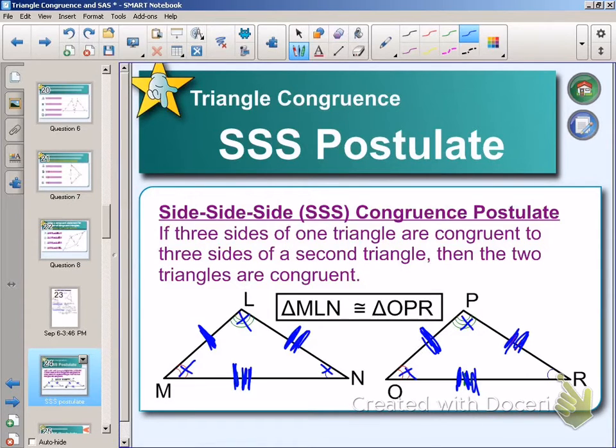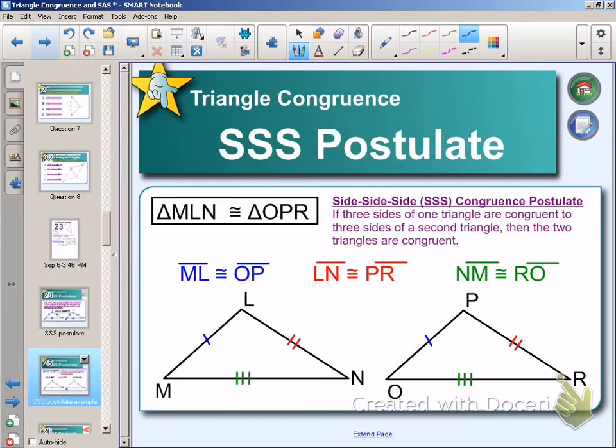So this is a shortcut. We can prove two triangles are congruent if we know three sides. There's an example of the side, side, side postulate.